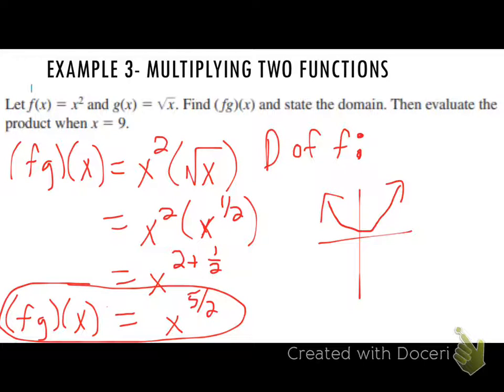Correct? What's the domain of a parabola? That's upright like that. Yep. It's all real numbers because it's going all the way to the left, no stopping point, all the way to the right. Negative infinity to infinity.